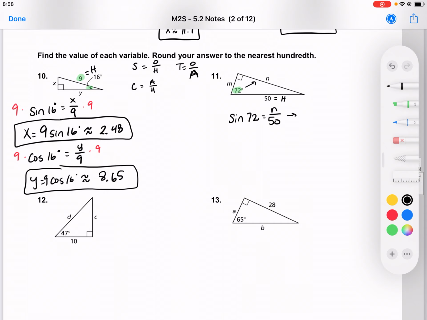So n equals 50 times sine of 72. And I do that because I'm multiplying both sides by 50 again. So 50 times sine of 72 is approximately 47.55.